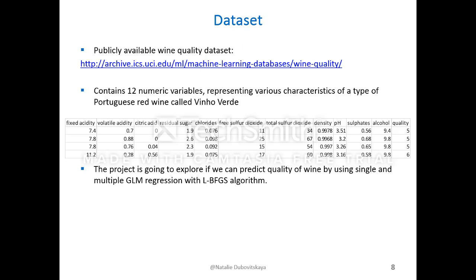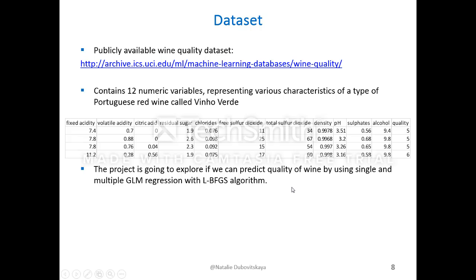Now for my project specifically, the data set. There are many publicly available data sets that we have access to. I wanted to do something fun, so I found a data set on wine quality. So that's the preview of what it looks like and what information it has.